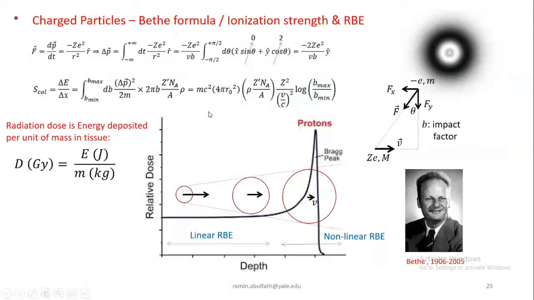In case of charged particles, if we consider a continuous slowing down approximation, particles deposit energy to matter according to the Bethe formula. And this is the equation for the energy deposition.